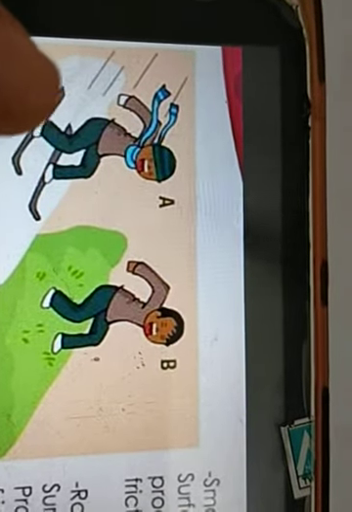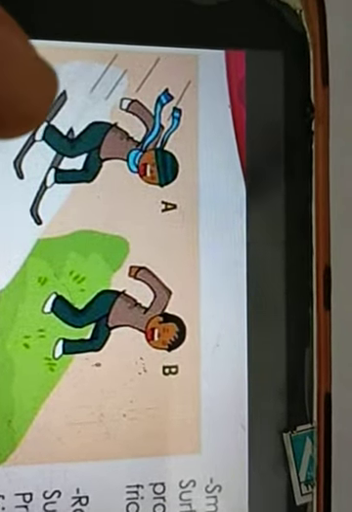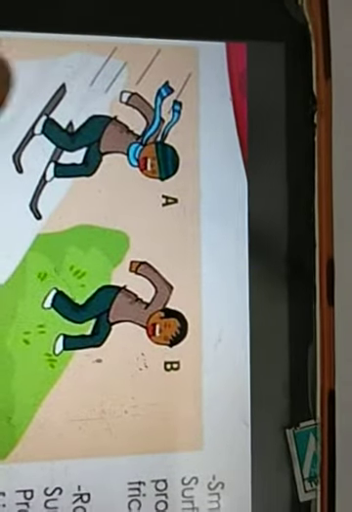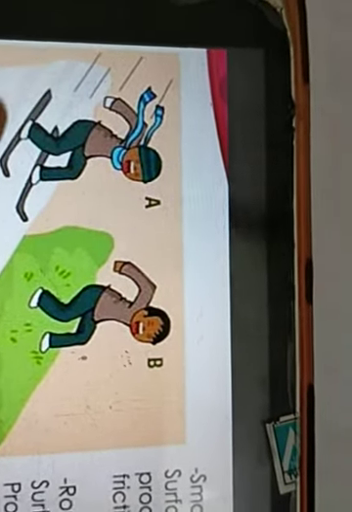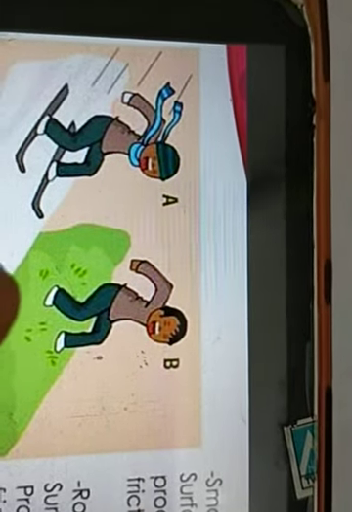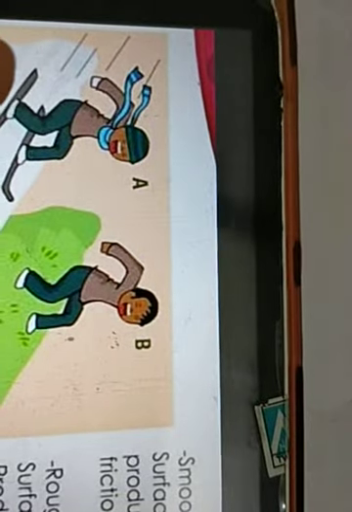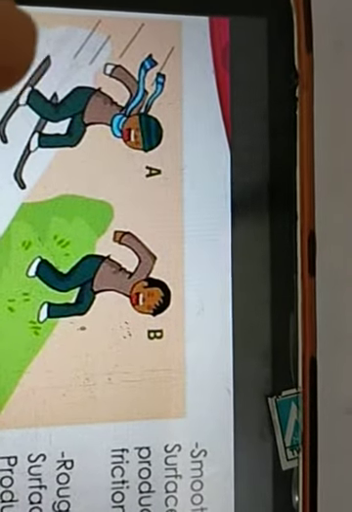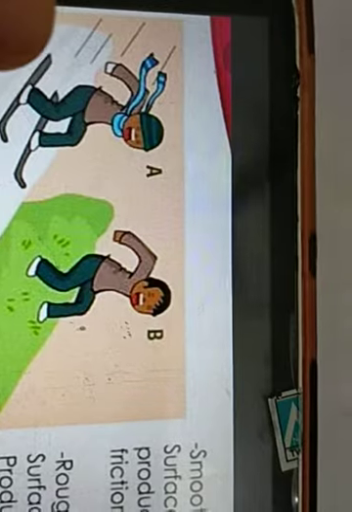So the person who is running on the snow will move faster as compared to the person running on the grass, because friction here is more and friction in the A part is less. So friction is more on the rough surface as compared to the smooth surface.